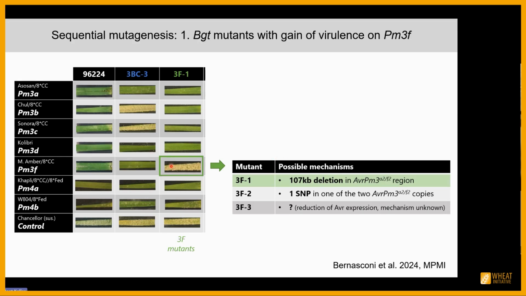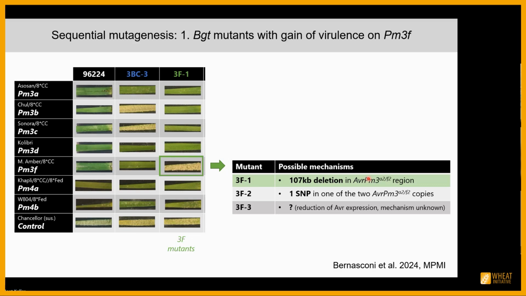We first identified mutants on PM3F, and you can see here this 3F1 mutant is now growing on PM3F, but it does not grow on PM3A. So we looked at these mutants, and we found several of them, but one of them was a large deletion in the region of the known AVR.